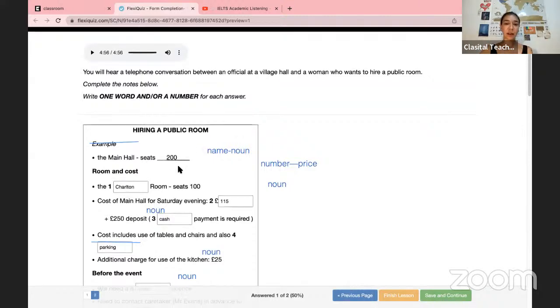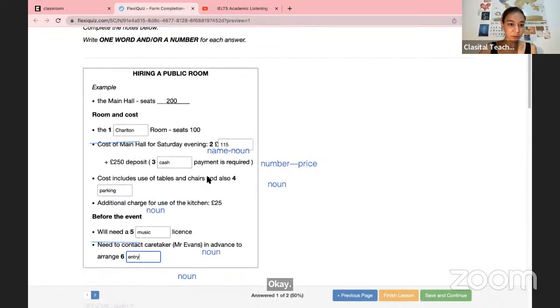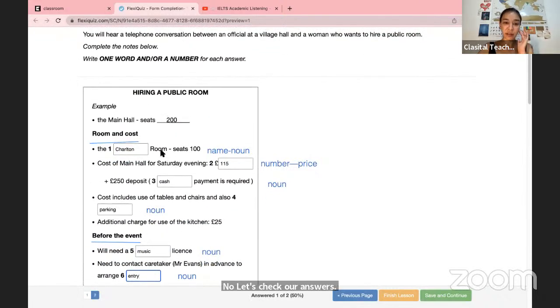Okay. Now let's check our answers. First, did you hear that? The official said before the event they will need, and it says they talked about room and cost. Then they talk about what they should do before the event.